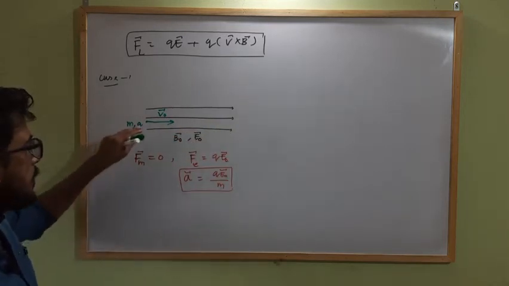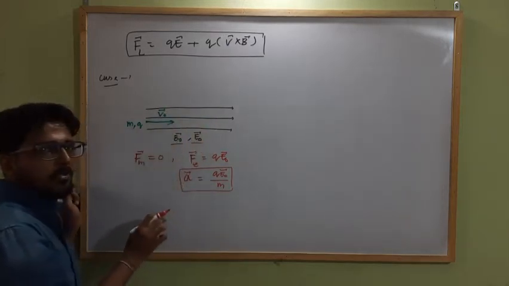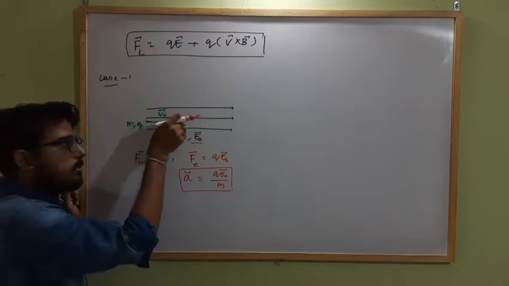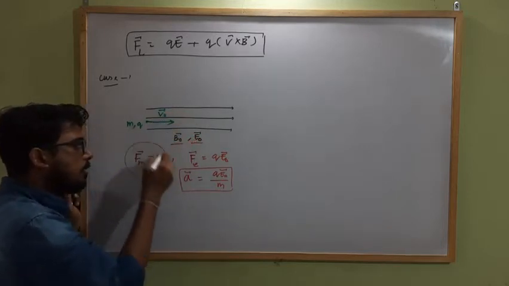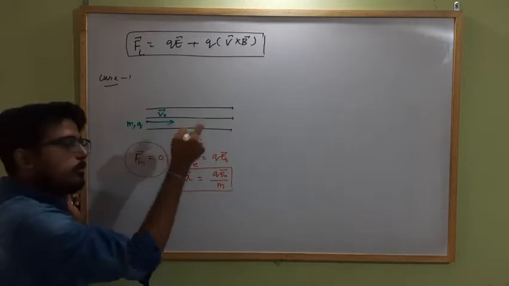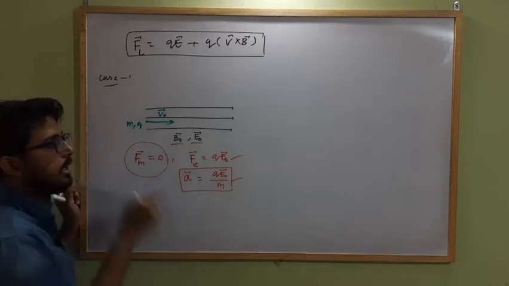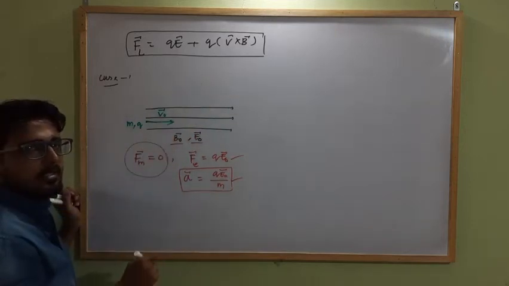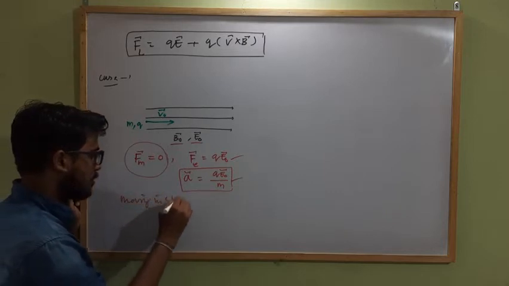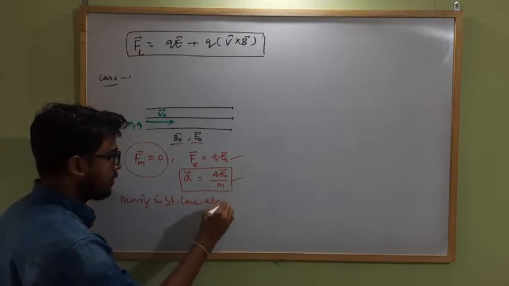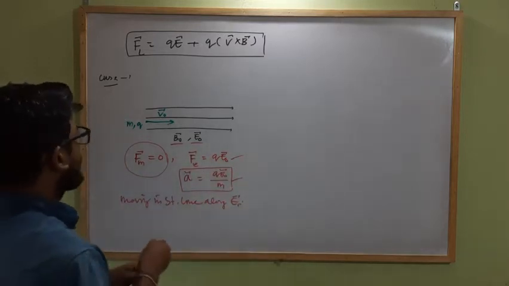So when a moving charge enters a region where both magnetic field and electric field are parallel to each other and the direction of motion is also along the direction of both the fields, there will be no effect of magnetic force on the moving charge, but due to the electric force it gets accelerated, and the acceleration is this one, and its path will be a straight line, moving in a straight line along the E vector. Clear?